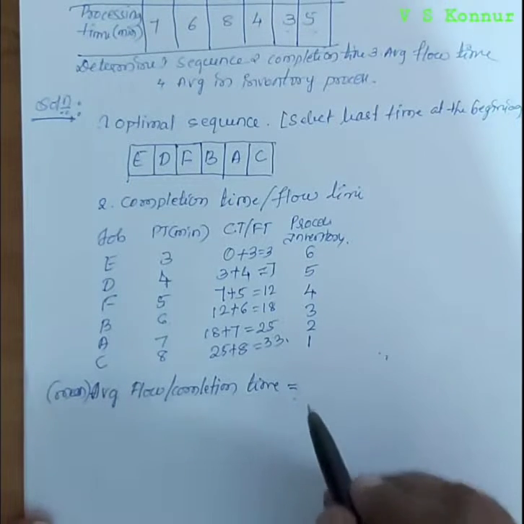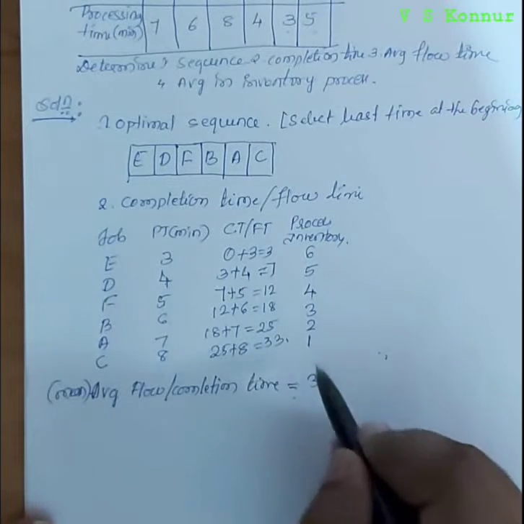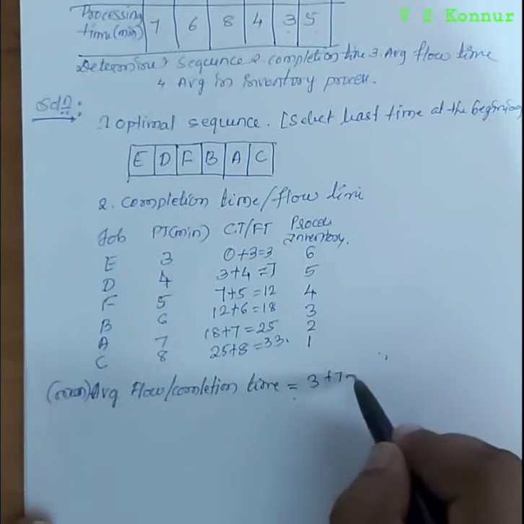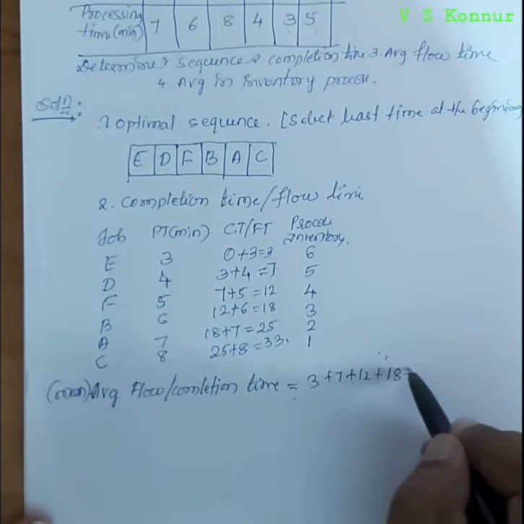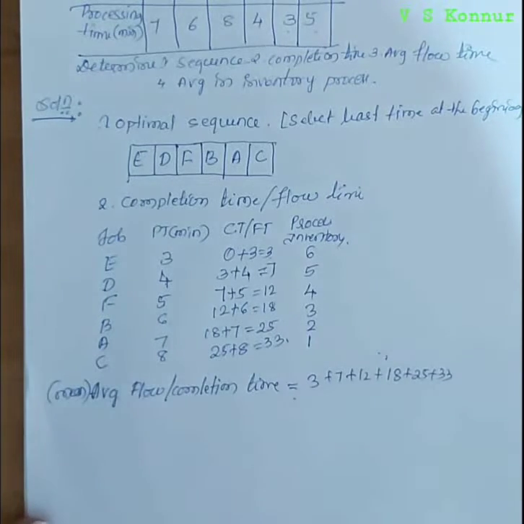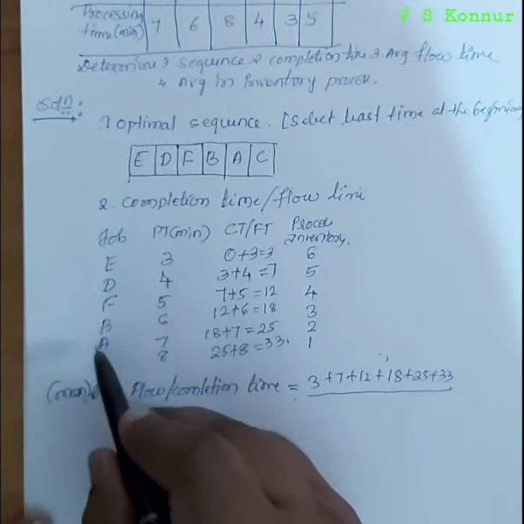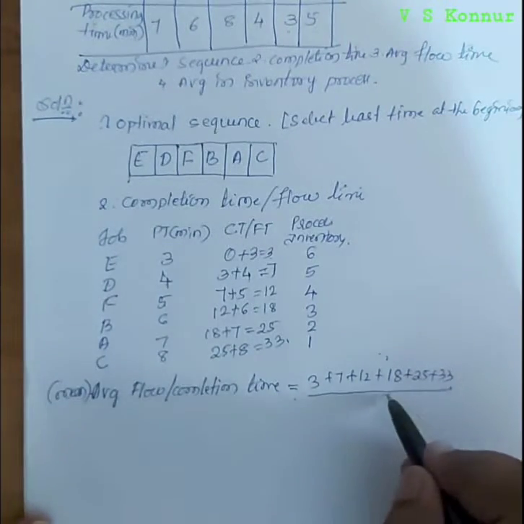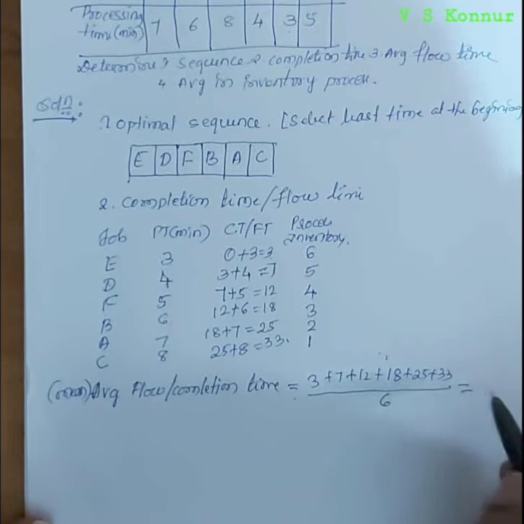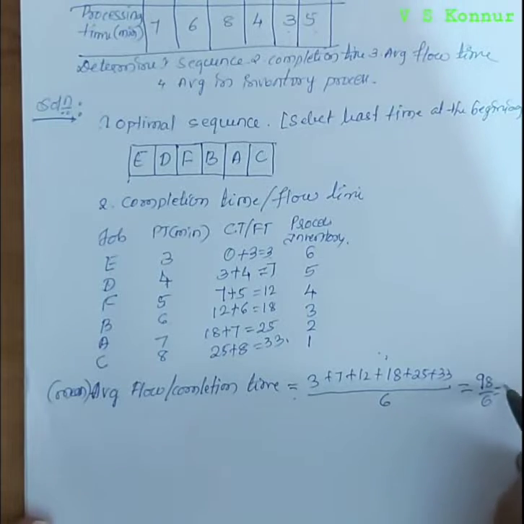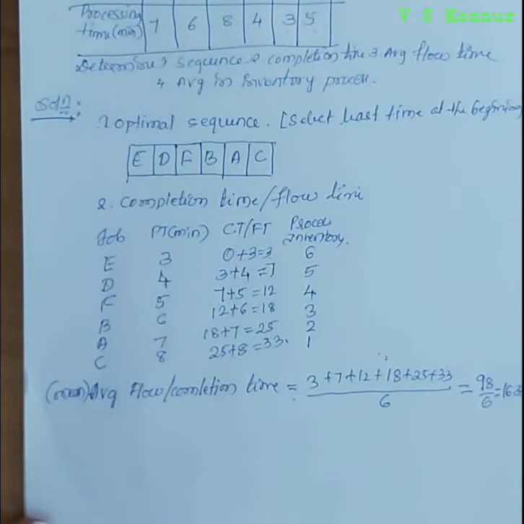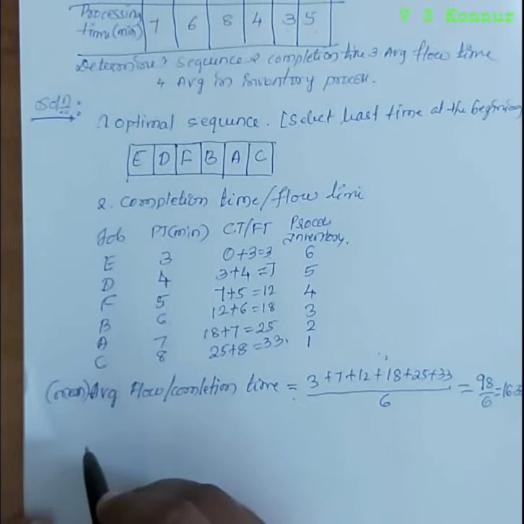You should add all the flow times, that is 3 plus 7 plus 12 plus 18 plus 25 plus 33, divided by the total number of jobs, 6. So that is equal to 98 divided by 6. We will get 16.33 minutes.